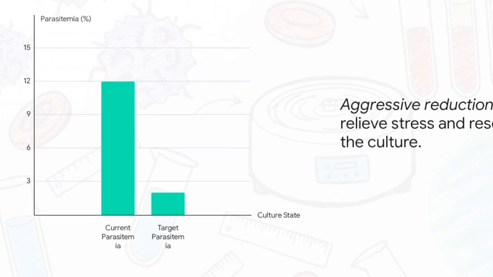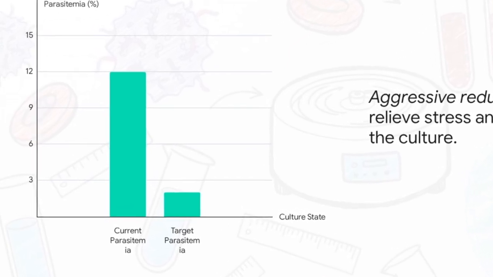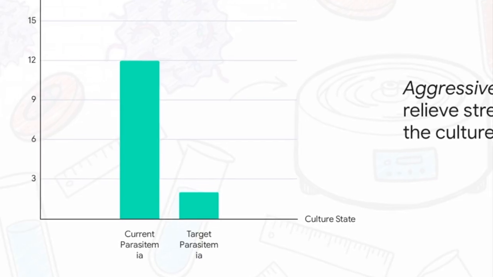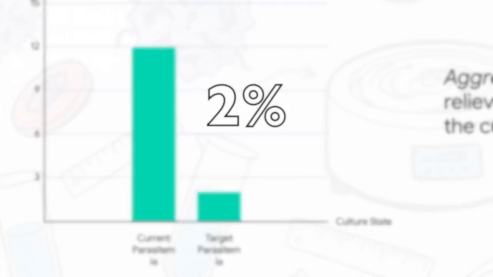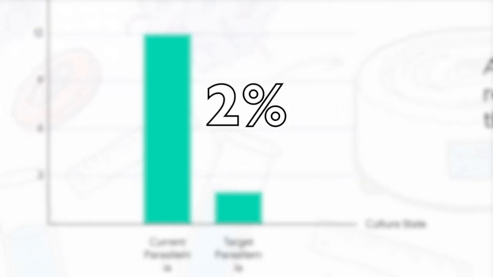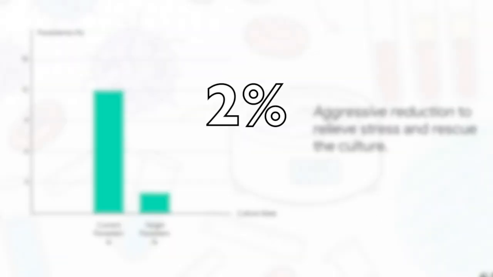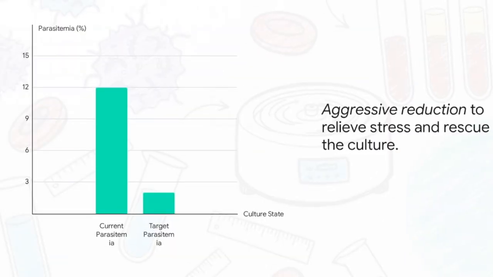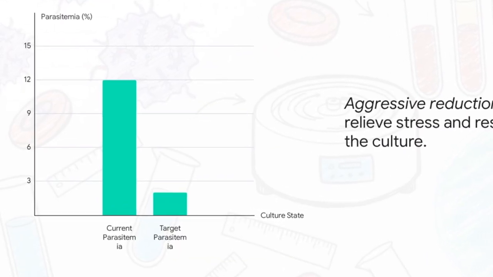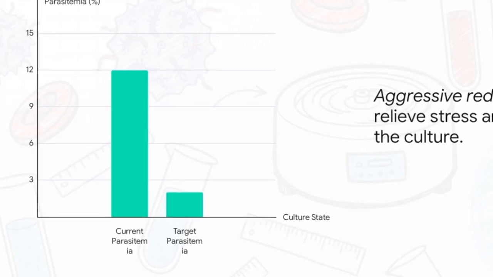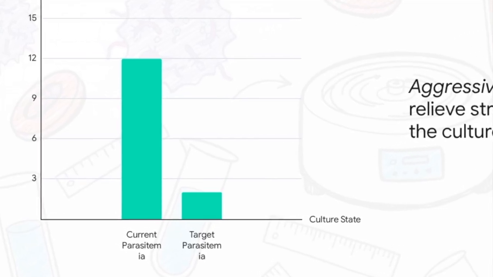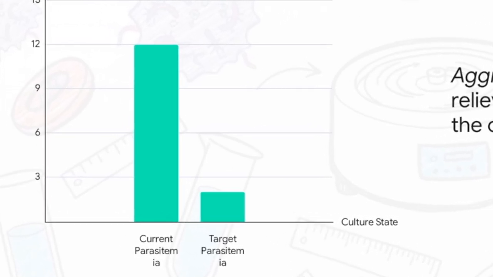So the goal here is simple. We need to bring that parasitemia down, and fast, to take the stress off the culture. And you'll notice we're not going all the way down to 1%. We're aiming for 2%. Why? Well, it leaves a slightly bigger population of parasites to help kickstart the recovery in that fresh flask.